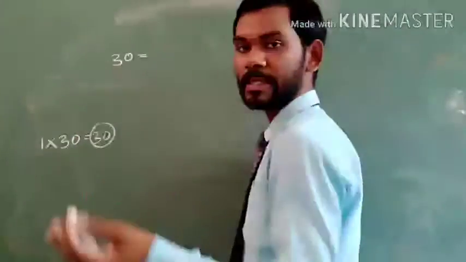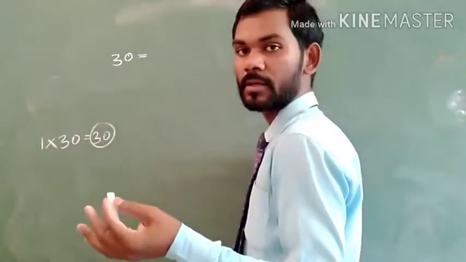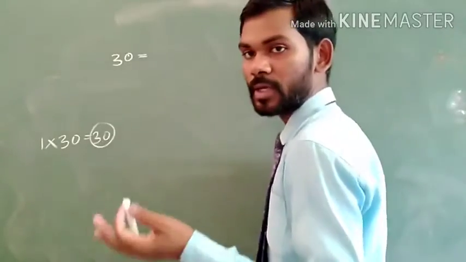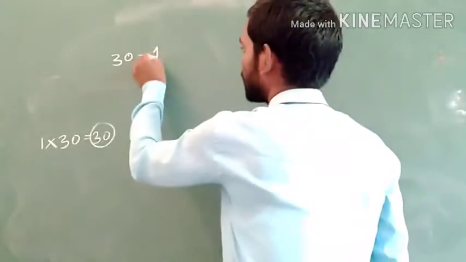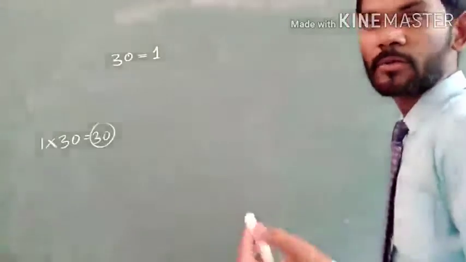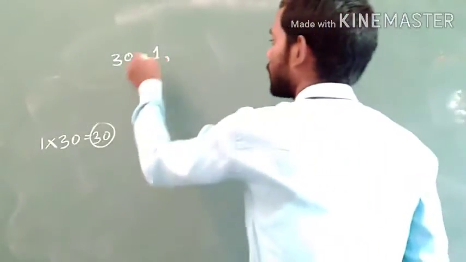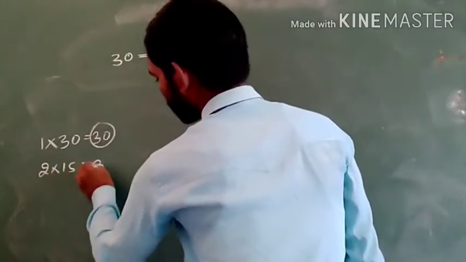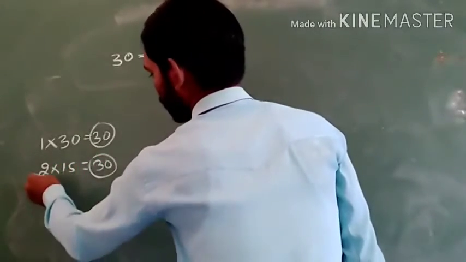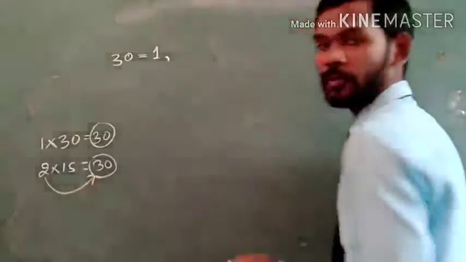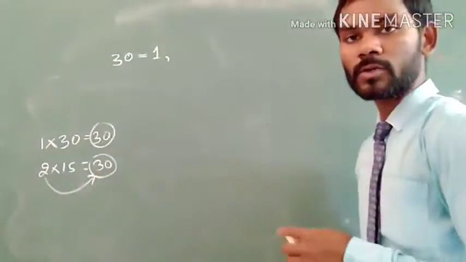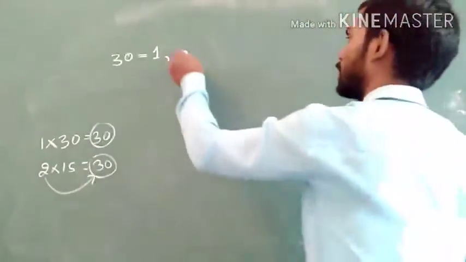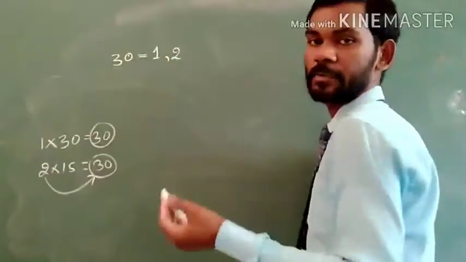So 30 can be found in the table of 1, which means that 1 will be a factor of 30. Similarly, when 2 is multiplied by 15, we get 30, which means that in the table of 2, 30 also comes, so 2 will be the next factor.